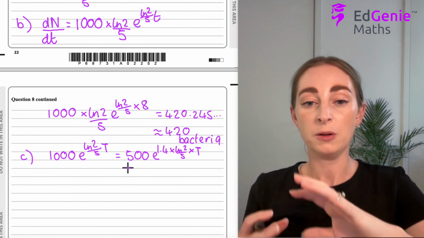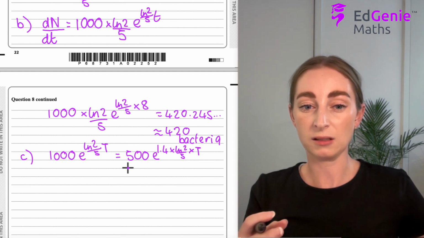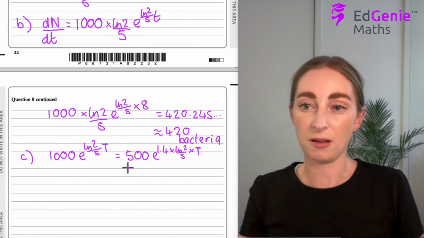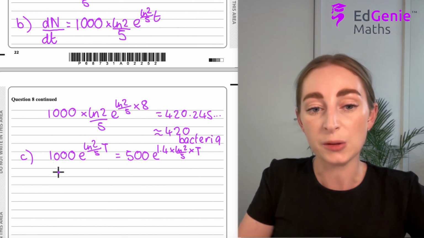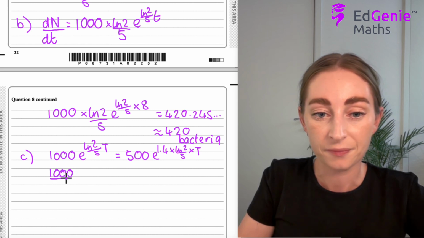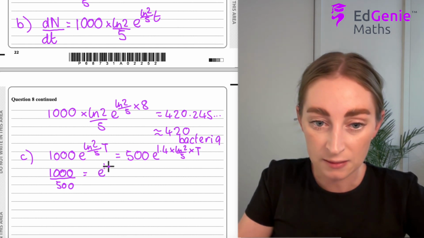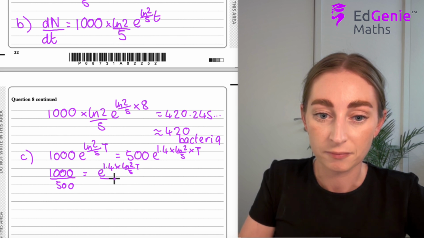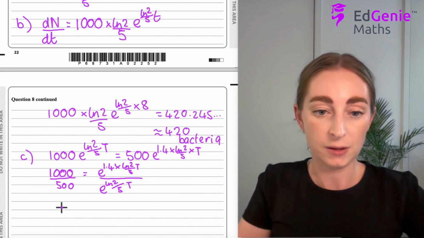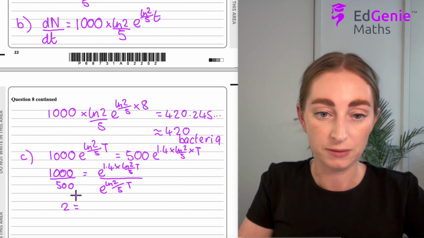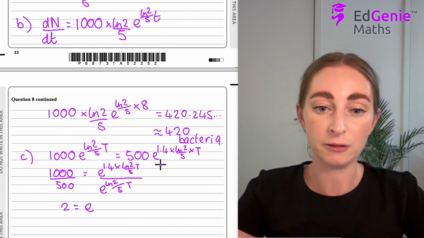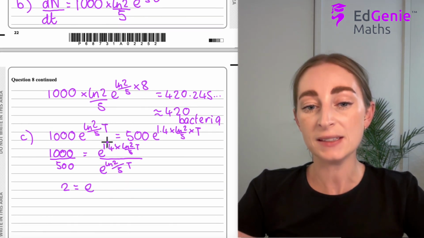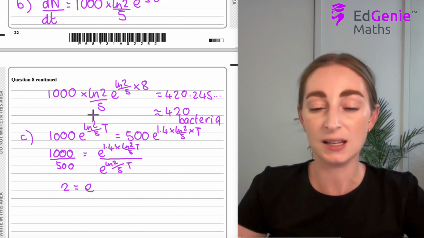What I'm going to do is I'm going to put all of like the constants on one side and then all of the exponential on the other. I think that might make it a bit easier for me. So if I do 1,000 divided by 500 over here, and then over here I'm going to have this. So this can simplify down to 2 equals e to the power of. So when we are dividing, that's the same as taking away the powers.